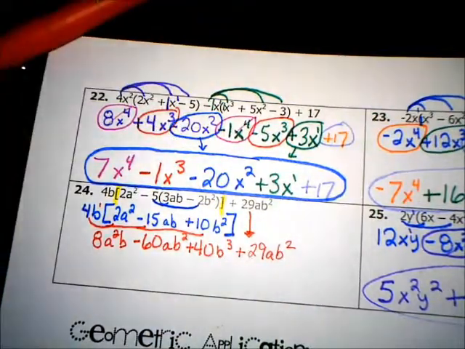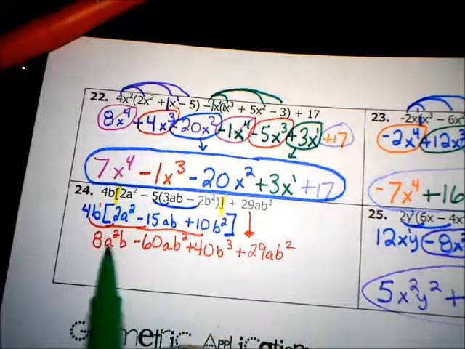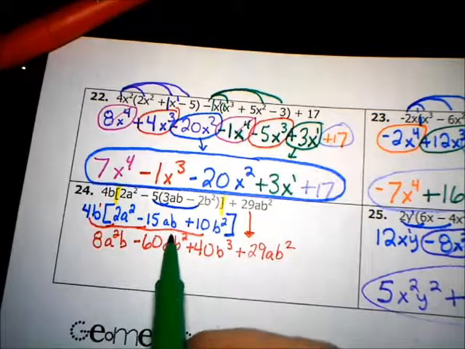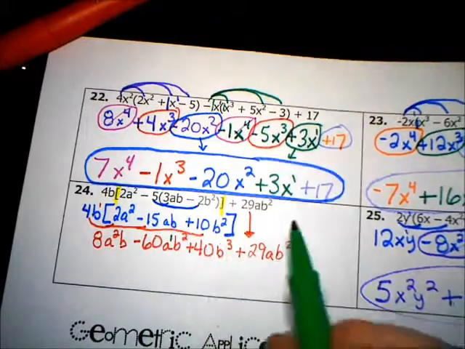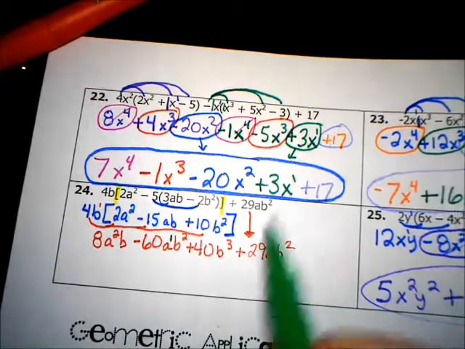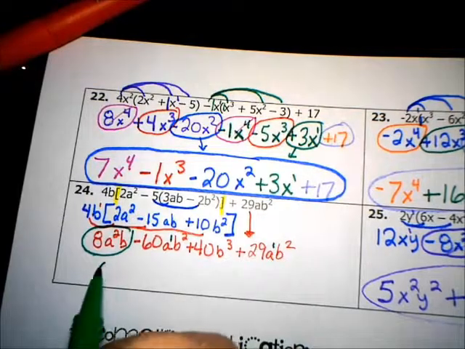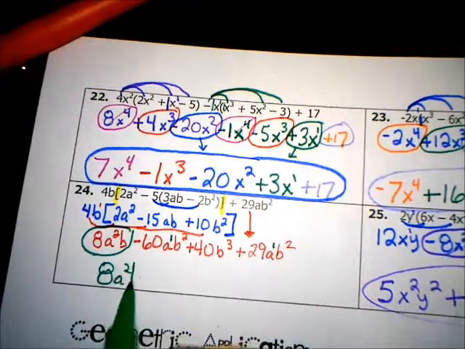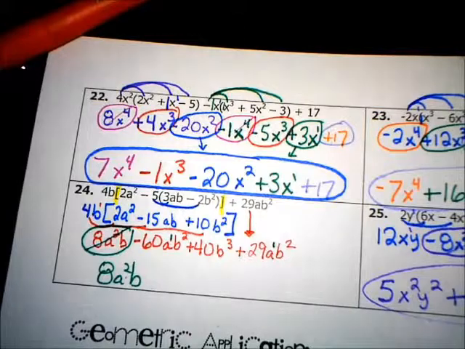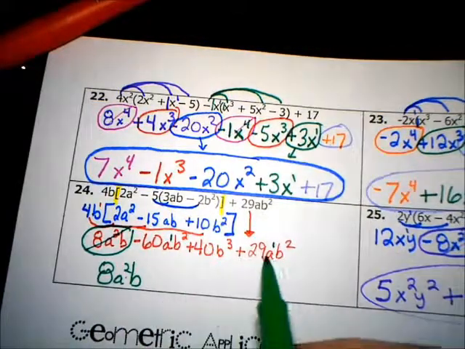So remember, we're looking for the highest exponent of the first letter of the alphabet. So if I'm looking through these, let me get my green here. I'm looking for the a's. Here's an a squared, there's an a to the 1, no a whatsoever, and here's an a to the 1. So the highest a is already in the front position. So that's my first term. That one's gone, I just used it. Now let's count down. I need an a to the 1, and here's an a to the 1.